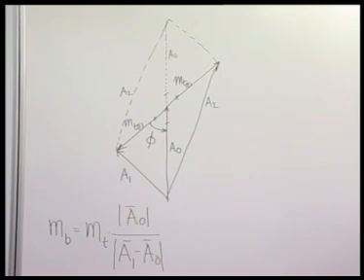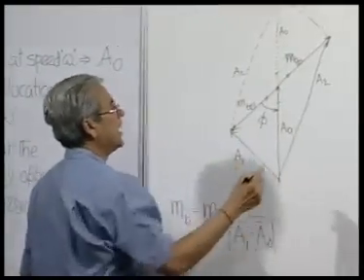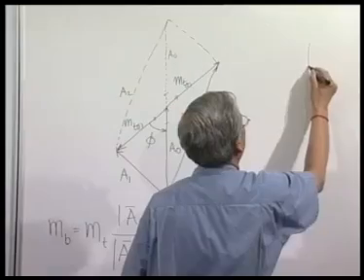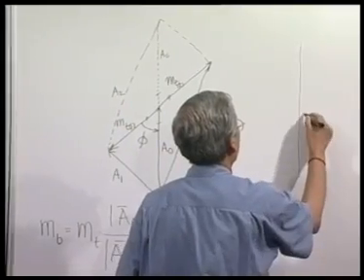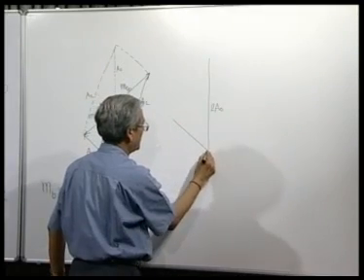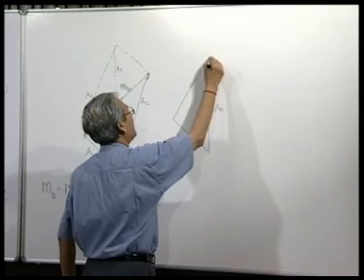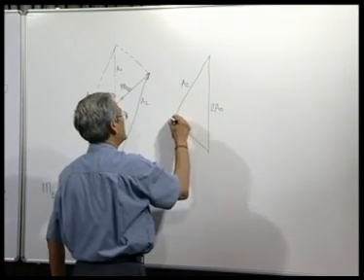Since A1, A0 are known and phi is drawn through this diagram, that means I draw a triangle 2A0, A1 and A2.